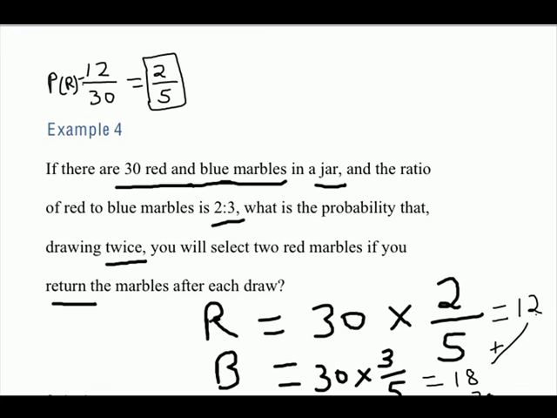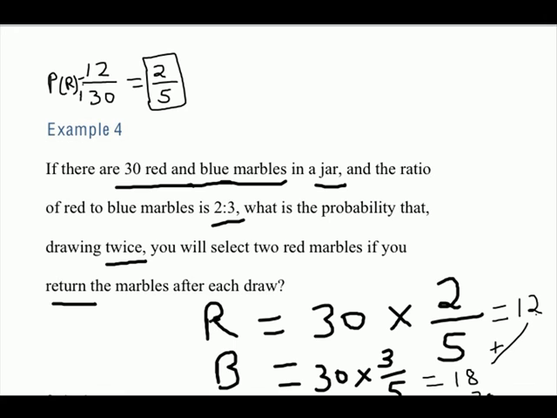Now you notice that the marbles are returned after each draw. So if I draw a marble on the first draw and put it back, the second time I draw a marble, the probability is the same as it was the first time round. Let's call this R1.